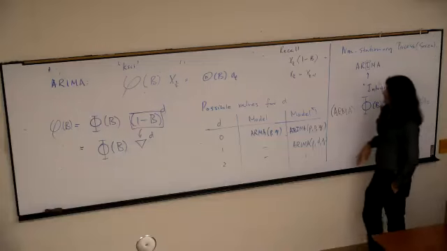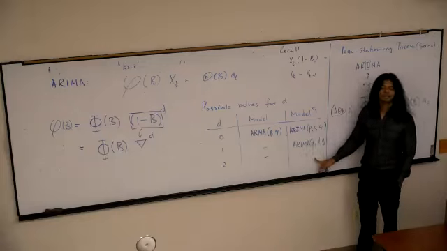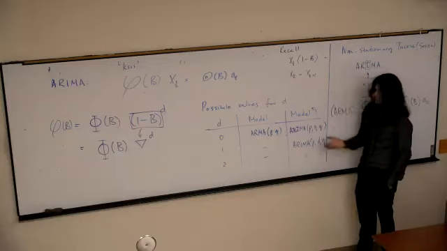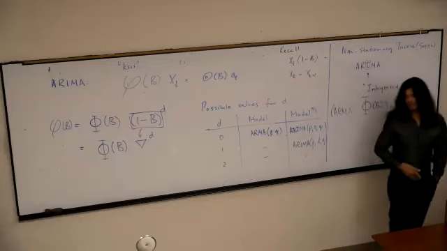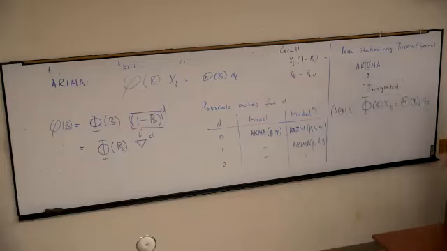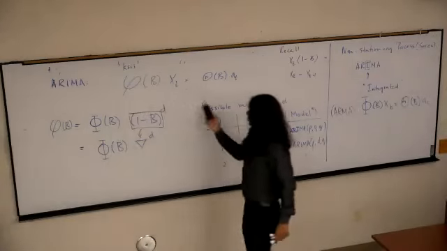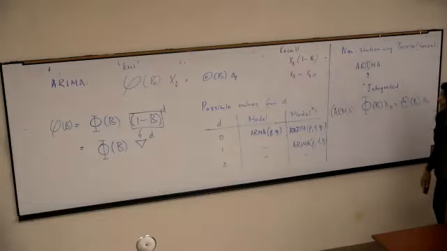So last time I used an ARIMA when I simulated, because ARIMA is the general specification. If d becomes 0, ARIMA becomes ARMA. That's all. Are we clear? We can write things in an interchangeable manner.